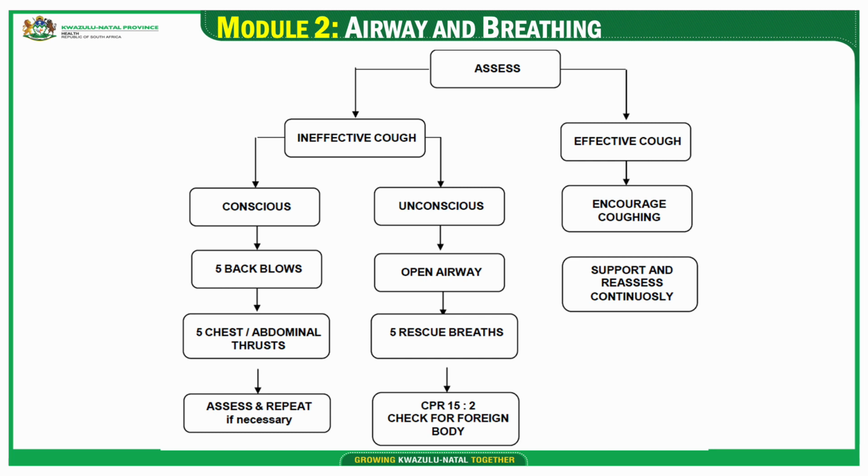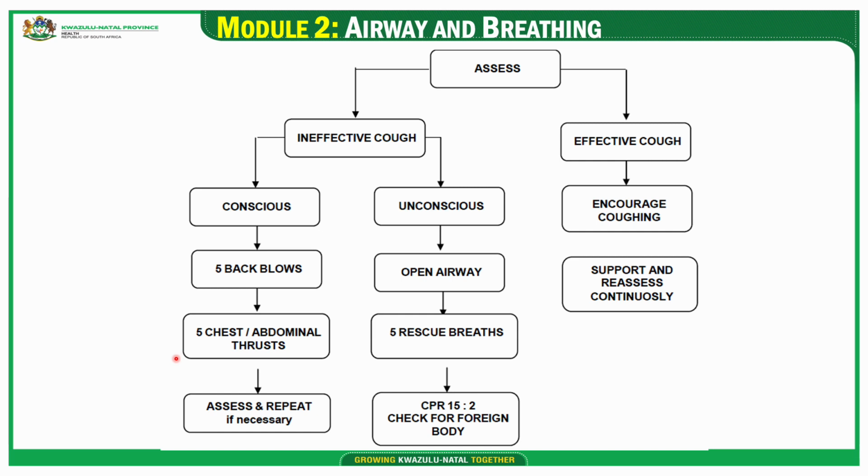However, if they're struggling to cough, if they can't catch a breath between the coughs, if they can't talk, we are worried about an ineffective cough, then we have to decide if the patient is conscious or unconscious. In the conscious patient, we can start with interventions of 5 back blows alternating with 5 chest thrusts or abdominal thrusts.